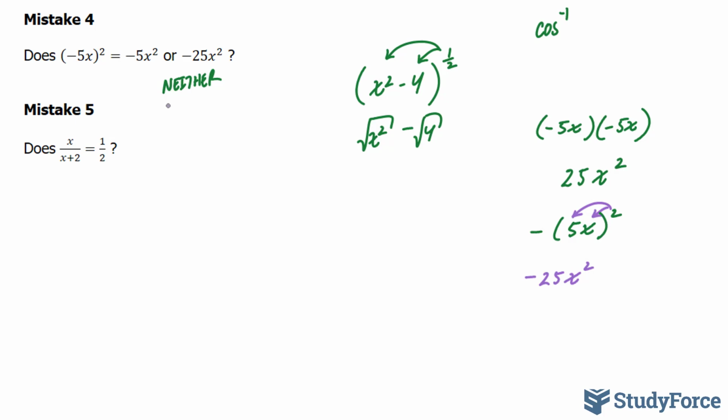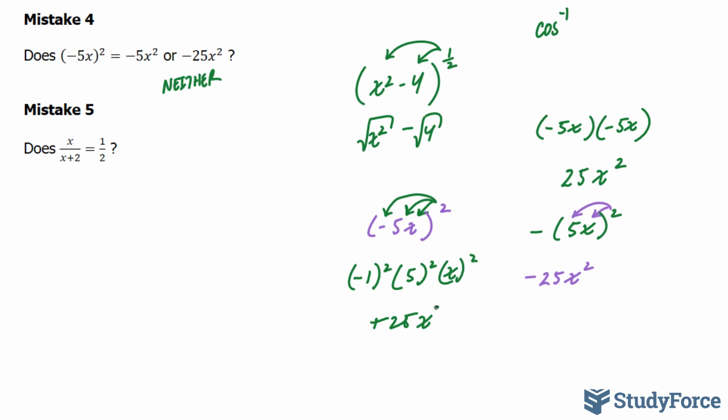Whereas in our case, we have negative 5x to the power of 2, and this 2 is actually being distributed to this negative, which literally represents negative 1, this 5, and this x. So you have negative 1 to the power of 2, 5 to the power of 2, and x to the power of 2. Notice we have positive 25x squared.